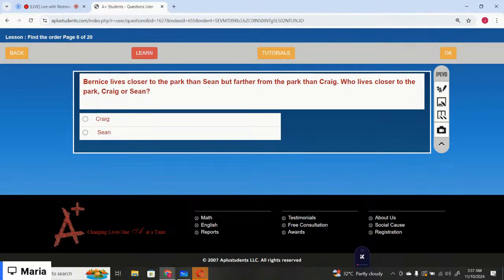Bernice lives closer to the park than Sean, but farther from the park than Craig. Who lives closer to the park, Craig or Sean? Which is the correct option?